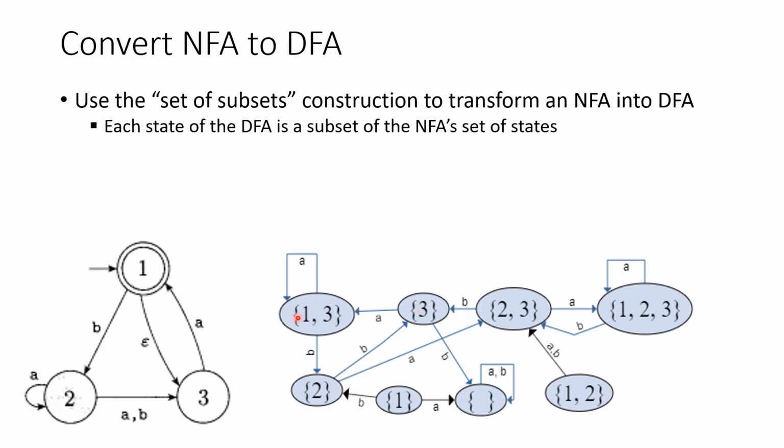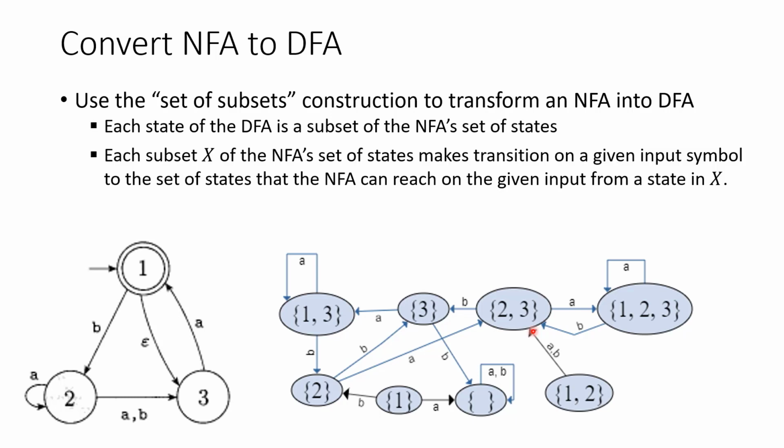It also contains the subsets of 2 members, such as {1, 3}, {2, 3}, and {1, 2}. And finally, it contains the subset equal to the entire set {1, 2, 3}. So there are 8 subsets of the set of states of the NFA, and the DFA has 8 states.